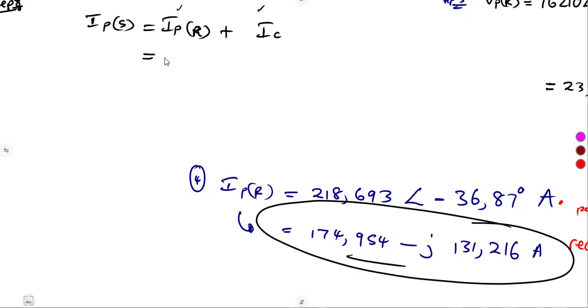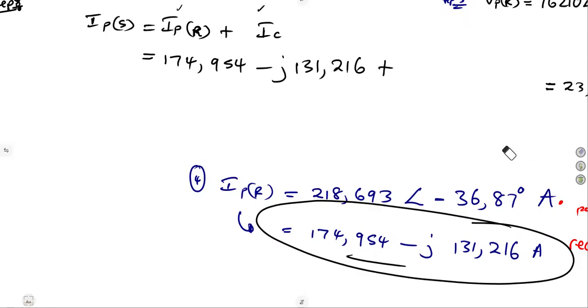You've got this one: 174,954 minus j131,216. Okay, so this is it. So what are we going to add? We are going to add the one that we calculated across the capacitor.